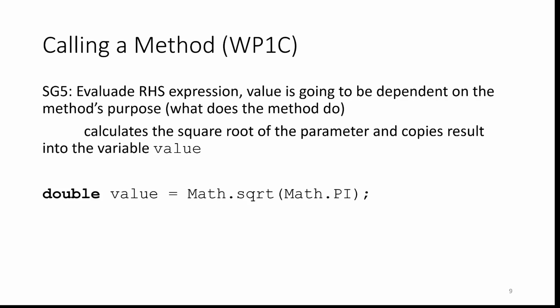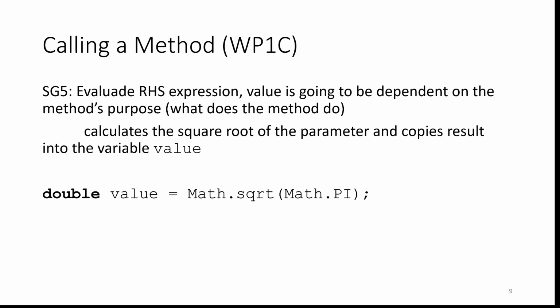Subgoal 5 says let's see if we've done this correctly and evaluate the right-hand side expression, see what the value is going to be, and whether or not we get the right value assigned to an appropriate variable. Notice this takes us back to our assignment subgoals. When we look at the right-hand side, we look at what it's doing.